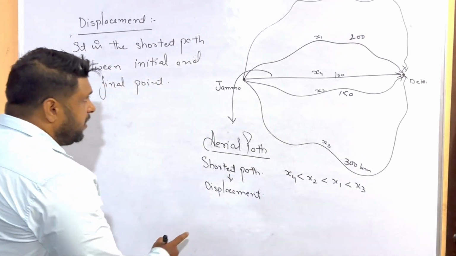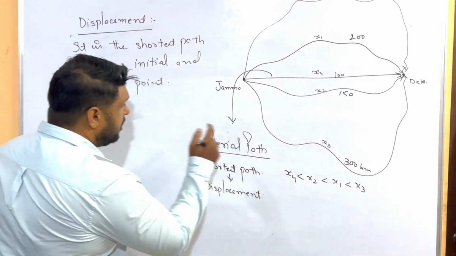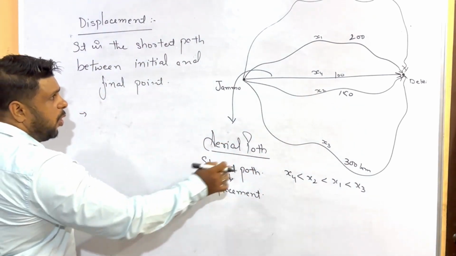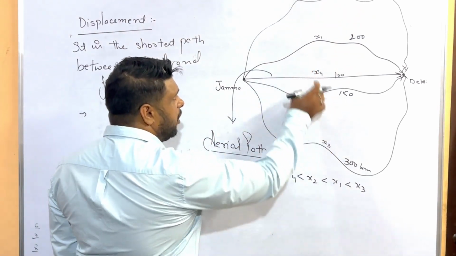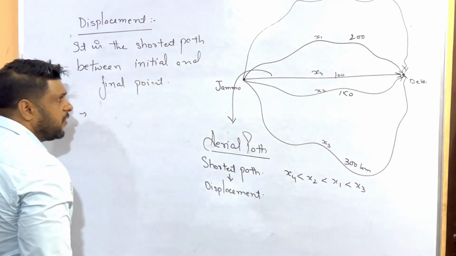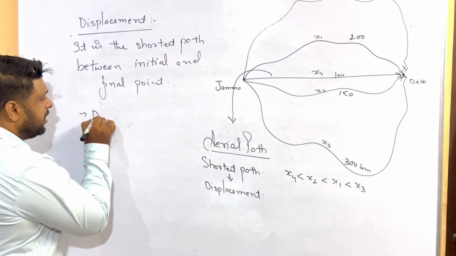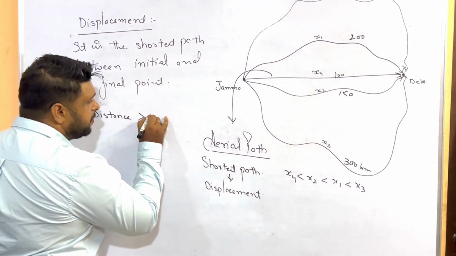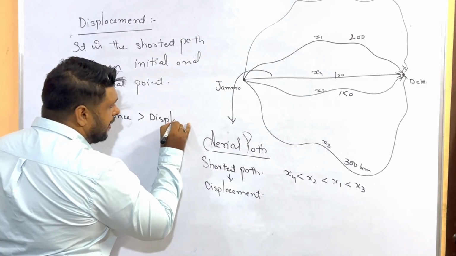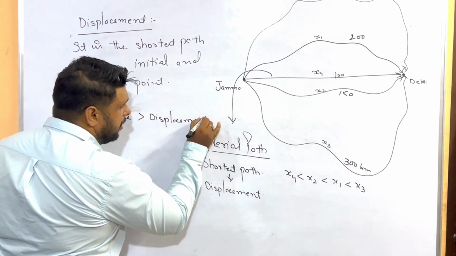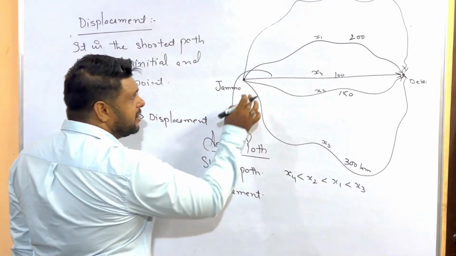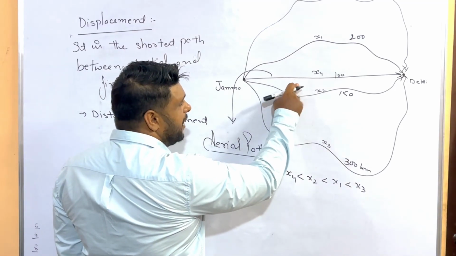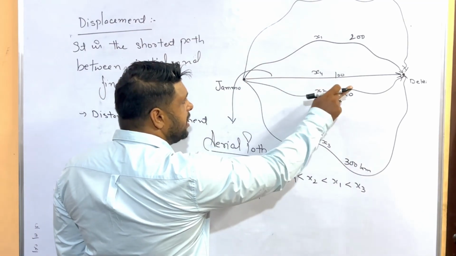Now here if you guys see, there are two scenarios possible. Earlier I have told you that all of these are distances traveled. Now from here you can see that distance is greater than displacement. Some of you might say that if I am taking this path by road, then I can reach this destination.